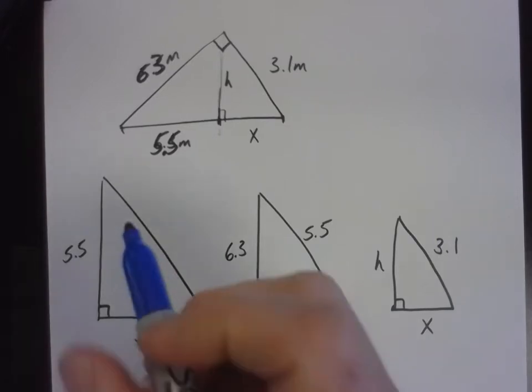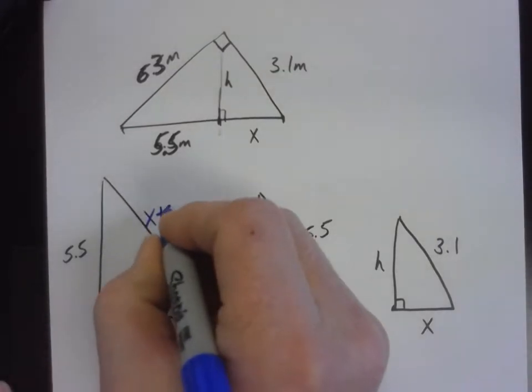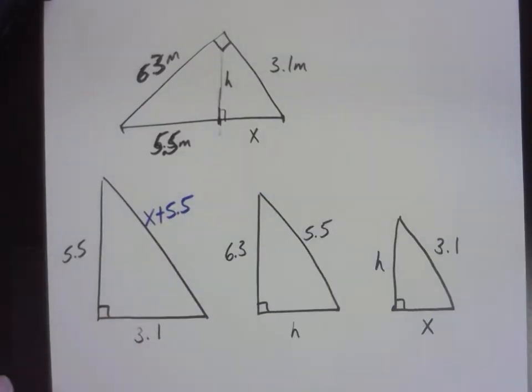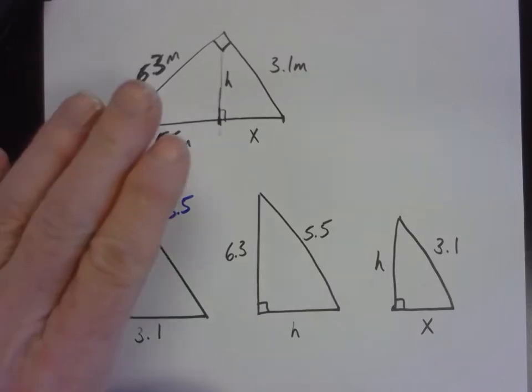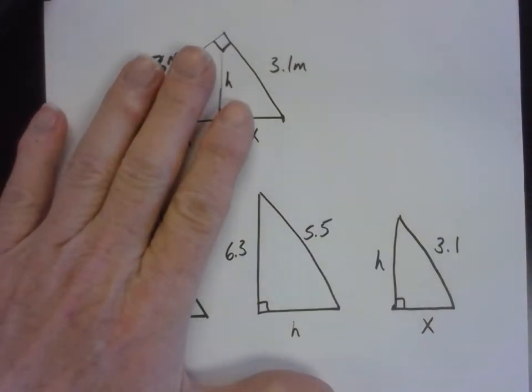Okay, yeah, I'm going to say x plus 5.5. That works. Now remember, we only need to figure out x, right? So I think we can do it just right there, can't we? We've got these two triangles that are similar.